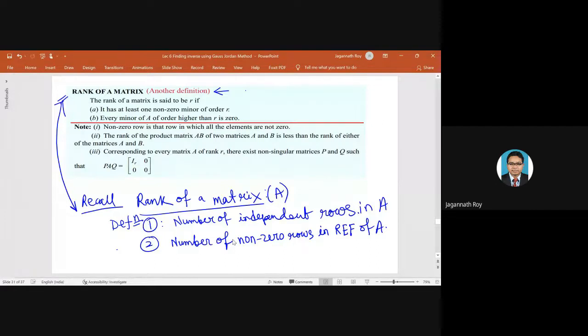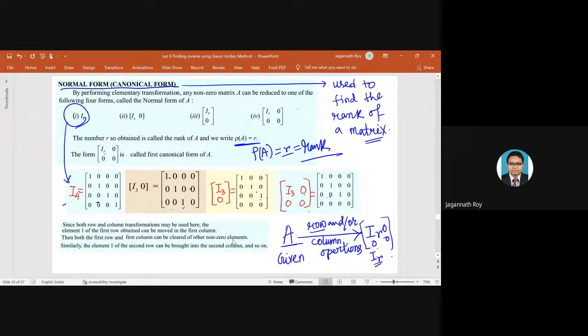The rank of a matrix, for example if it is R, then it has at least one non-zero minor of order R. Now if you go back and check, here R is the rank of the matrix, assume. If you take one minor of order R, then this becomes non-zero.